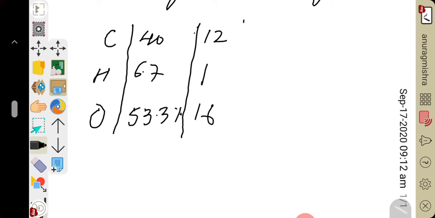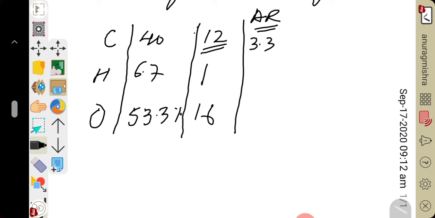Then after that we have to find out the atomic ratio, in short AR. Atomic ratio means percentage composition divided by atomic mass. Here 40 will be divided by atomic mass 12. After division, you will get the value 3.3 approximately.